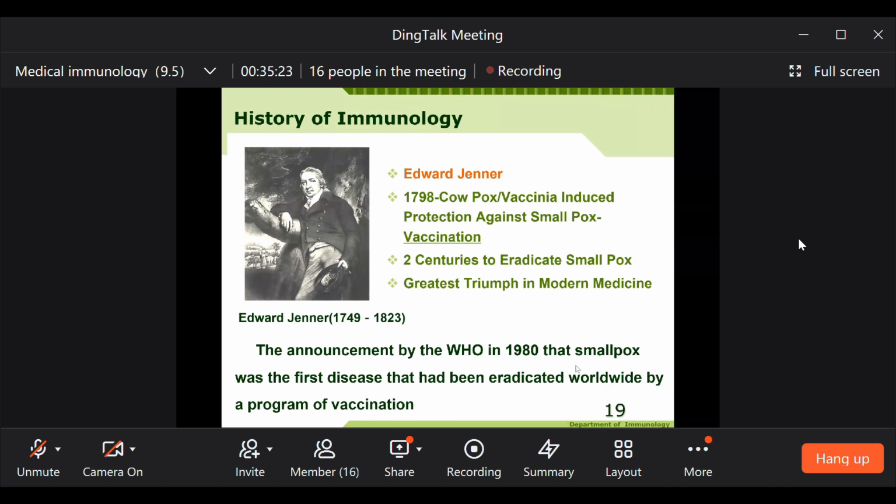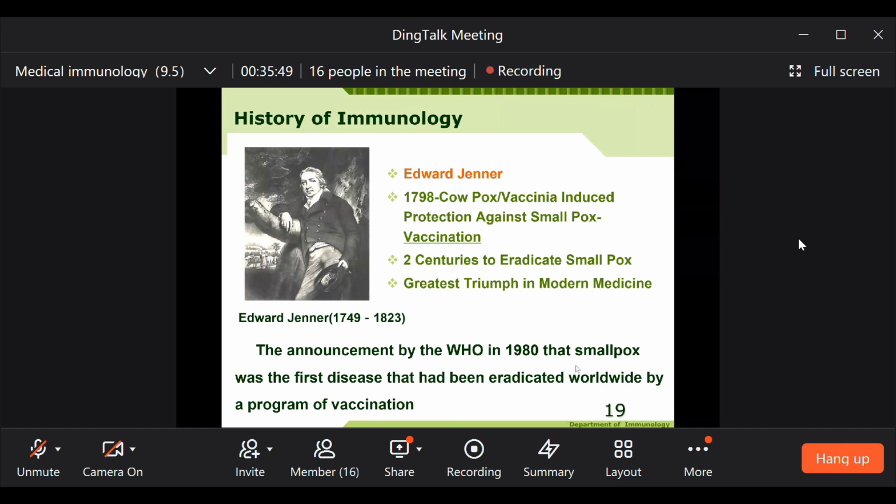It means cowpox is safer than smallpox for humans. The milkmaids worked with their hands and touched the cowpox, which helped them avoid smallpox infection.